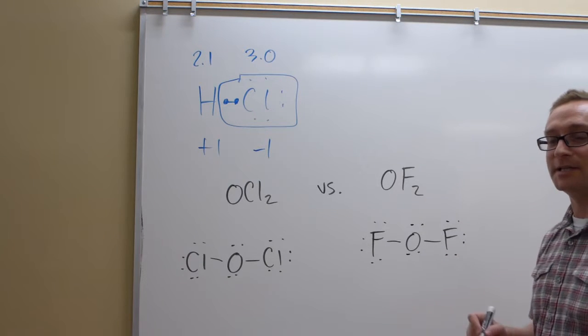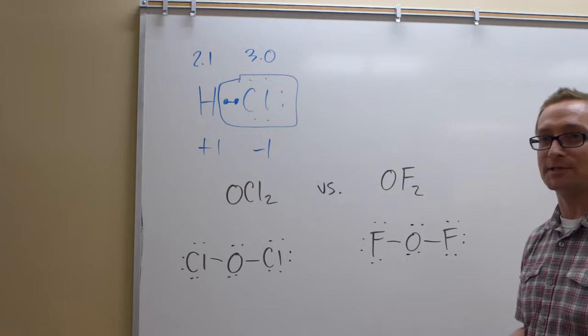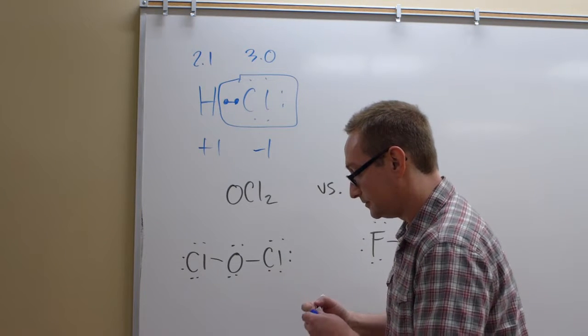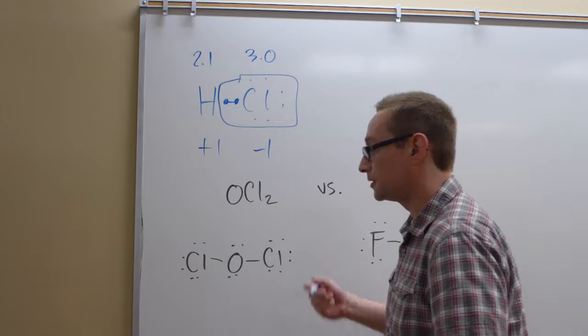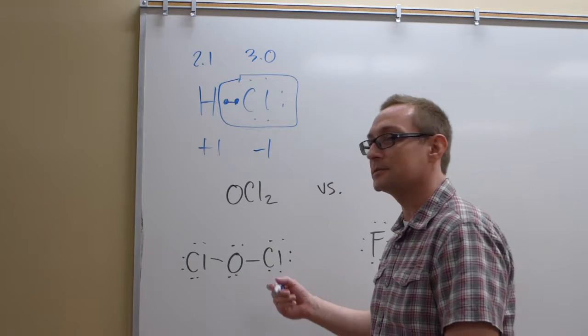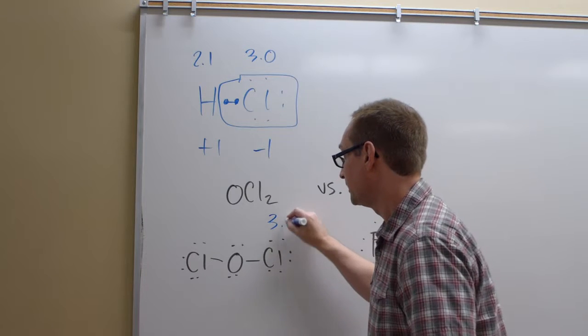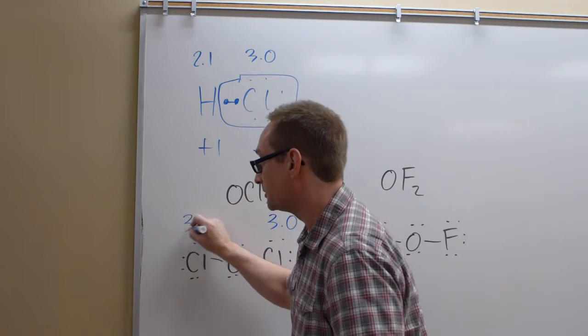Okay, so same identical Lewis structures, just swapping halogens, right? Okay, let's look at the electronegativities. Of course, you don't have an electronegativity chart, and I've done this so much, I have these numbers memorized, but I just sit there all day long memorizing numbers.